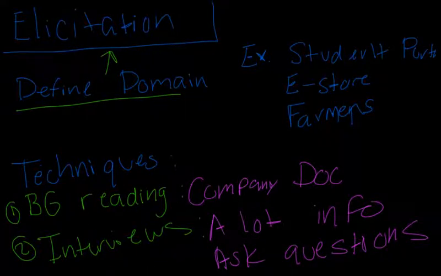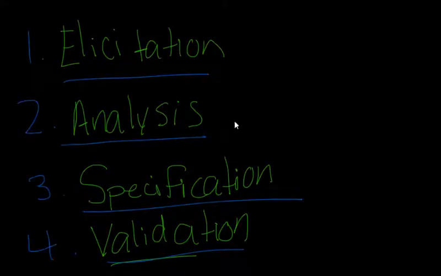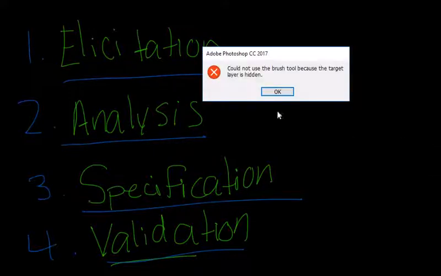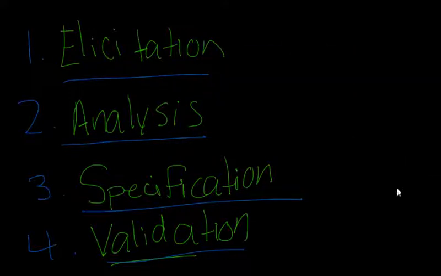Background reading is also very good, but it definitely depends on what system you're creating. So we talked about the elicitation portion of our requirements engineering, and in the next lecture we'll talk about the analysis phase of requirements engineering.